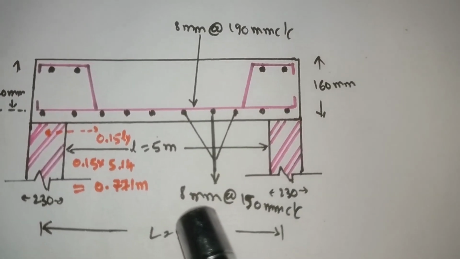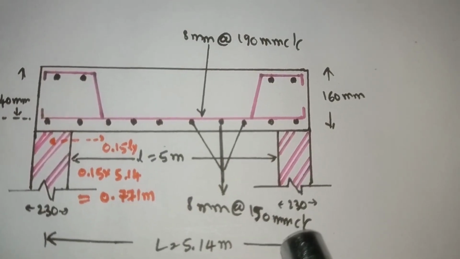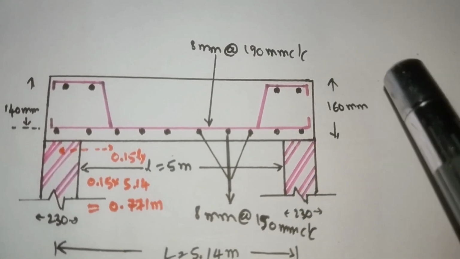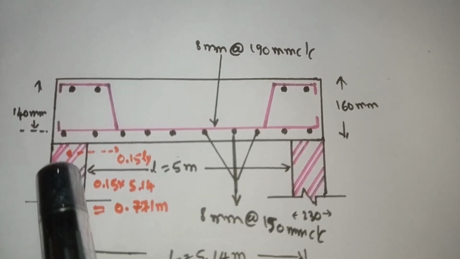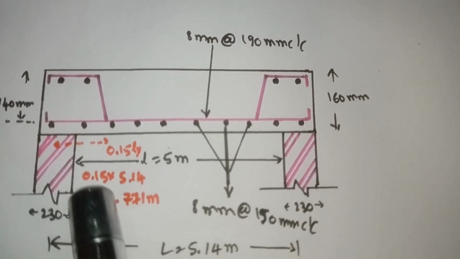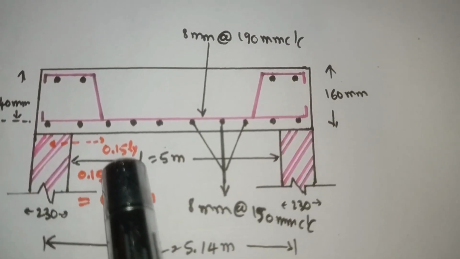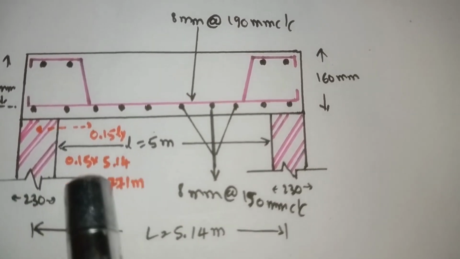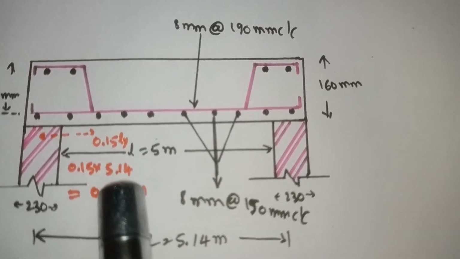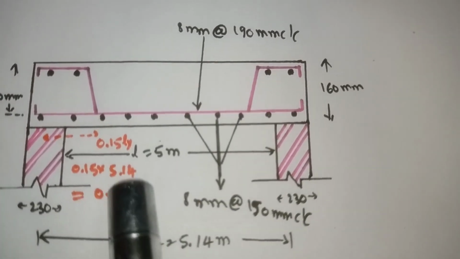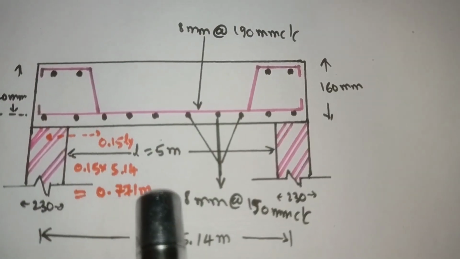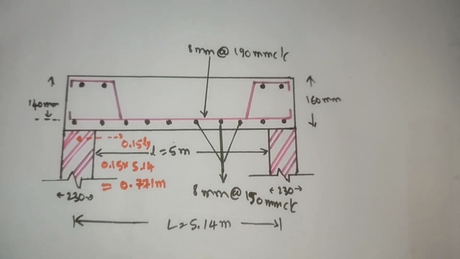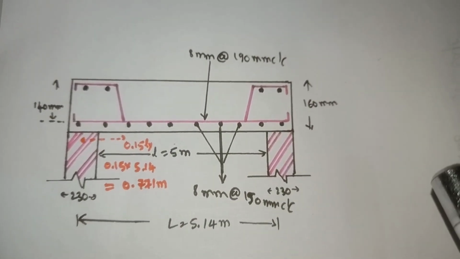The short span has 8 mm at 150 mm center to center and the long span has 8 mm at 190 mm center to center. The alternate bars of the long span can be bent off at 0.15 times Ly from the center of the support. That is 0.15 into the Ly value of 5.14. By simplifying it will come out as 0.771 meter. So this is the long span diagram of the two-way slab.